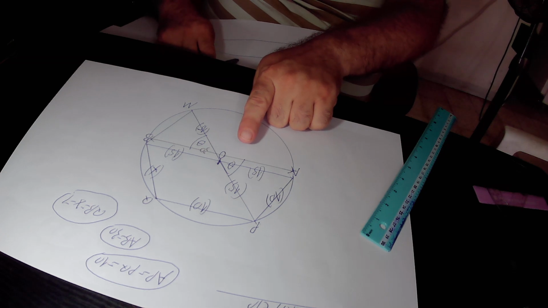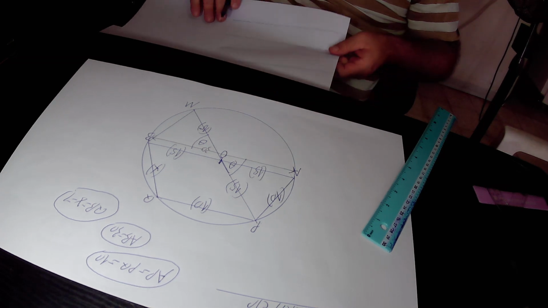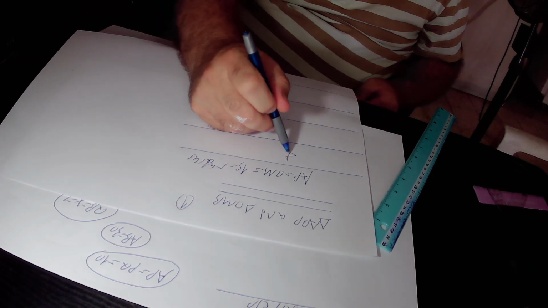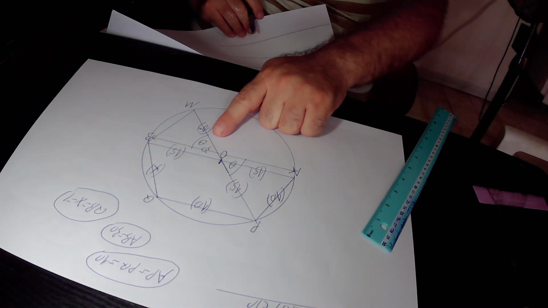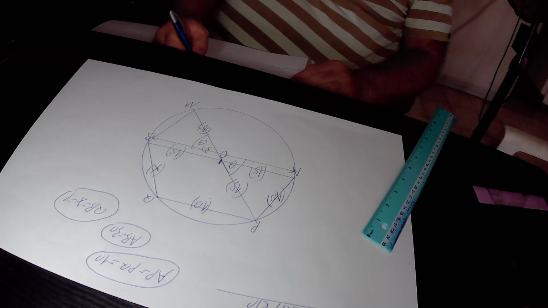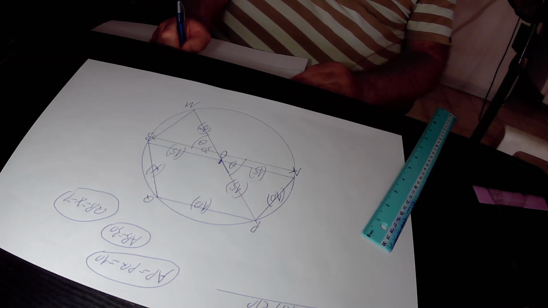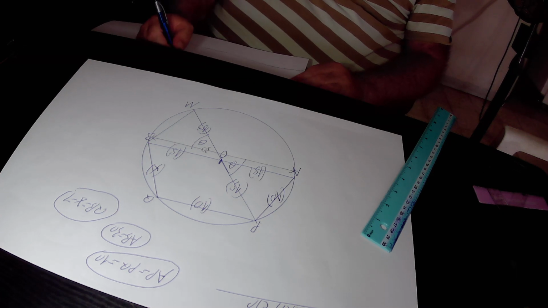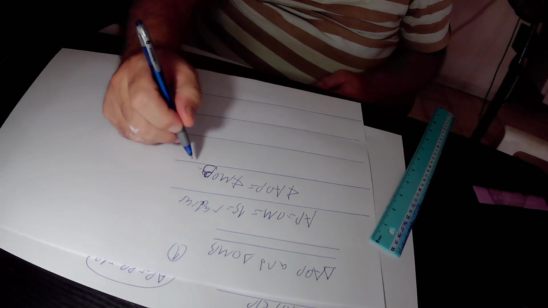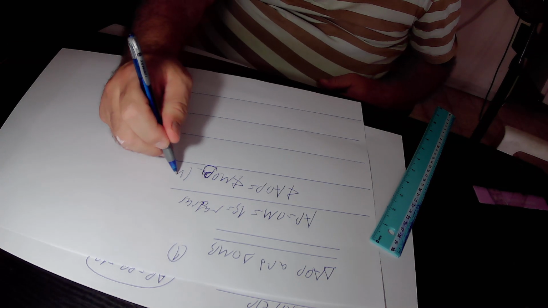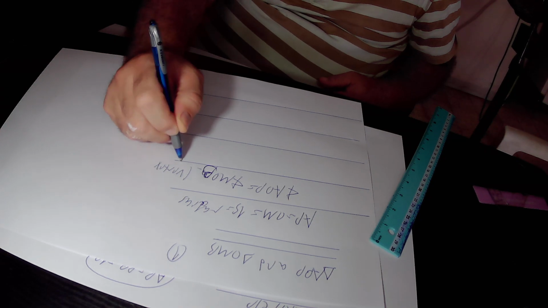This is angle AOP in triangle AOP, and it is equal to this angle, which is actually angle MOB in triangle OMB. They are equal to each other according to the rule that vertex angles are equal to each other.